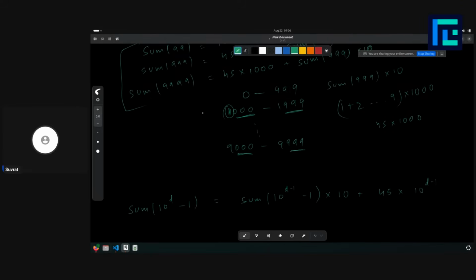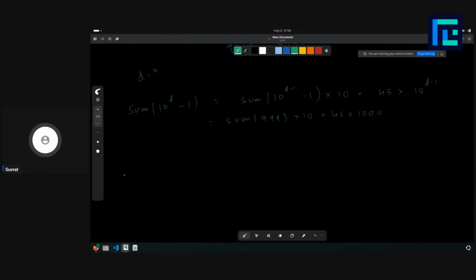Basically, sum till 9999 is d equal to 4. So it is equal to sum till d3, which would be 999 into 10 plus 45 into d3, which would be 1000. So you can see that. So this is our relation that we get, which would be very helpful in solving this problem.